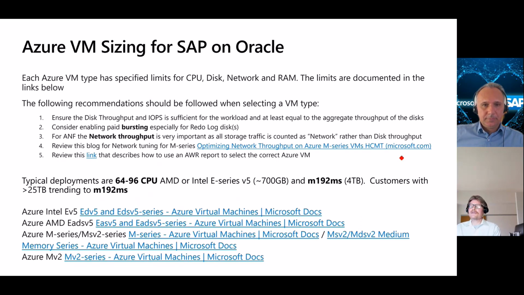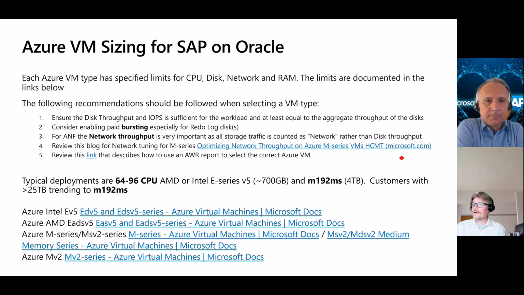The key document that we look at is the AWR report. The AWR is so powerful. The link I put in here shows you how to go through the AWR report, and it will guide you on which VM SKU you really should be using on Azure.